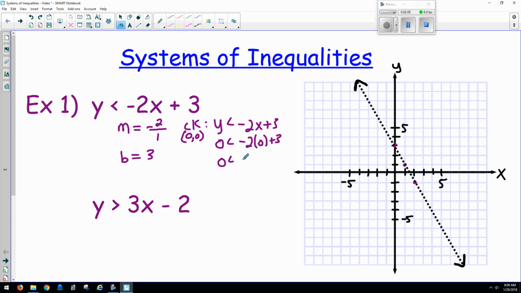So this is negative 2 times 0, which is 0. This says 0 is less than 3. That does check out, which means 0, 0, the origin, is part of this solution. So we're going to shade so that we include that point 0, 0.